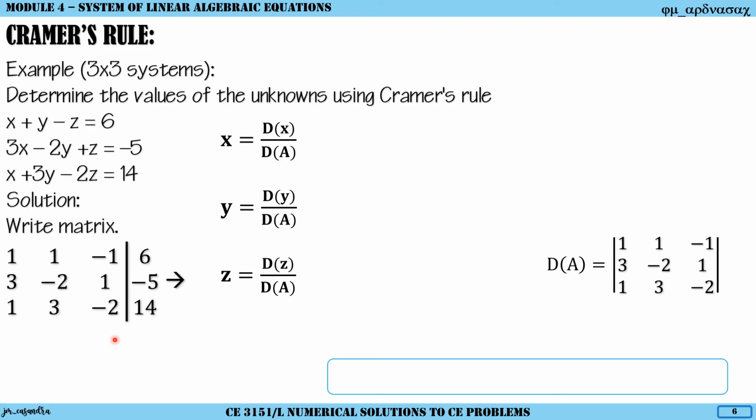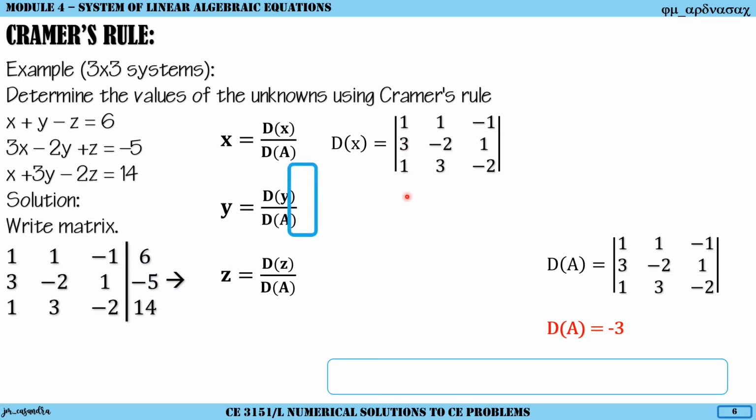For the determinant of the coefficient matrix, we just apply Sarrus' method. That will be equivalent to negative 3. Then for x, given our coefficient matrix, we are solving for x, so what we will replace is the column of x.